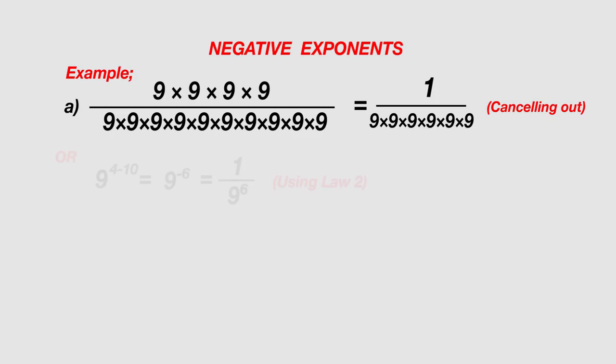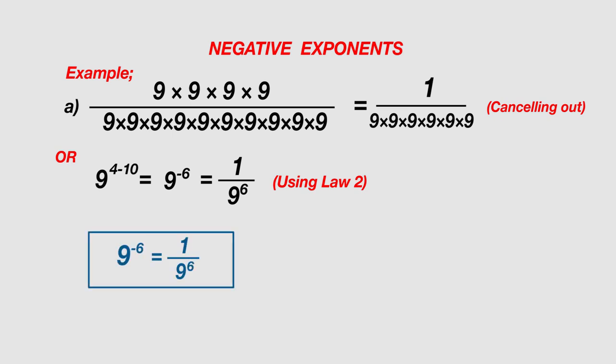So we have 9 raised to the power 4 minus 10 to be equal to 1 over 9 raised to the power 6. Now, 9 raised to the power 4 minus 10 gives us 9 to the power negative 6. And that is equal to 1 over 9 to the power 6. Again, it means that 9 with a negative exponent 6 is equal to 1 over 9 with a positive exponent 6.